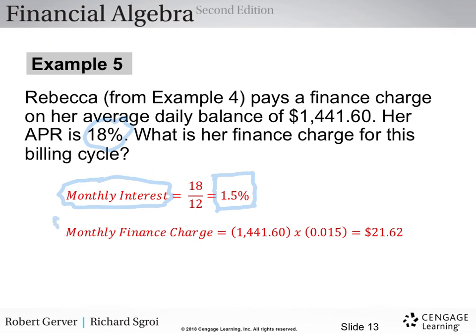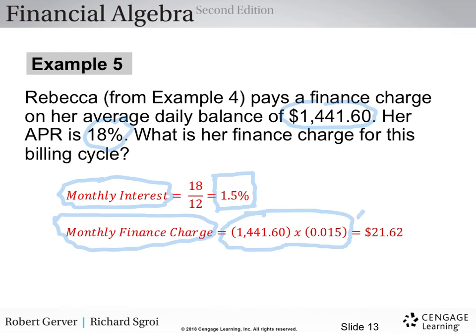Next, in order to figure out the monthly finance charge, we're going to take her average daily balance up here of $1,441.60, all right, and multiply that by the interest rate as a decimal, which is now going to be 0.015, and we come out with her finance charge for this particular billing cycle is $21.62.